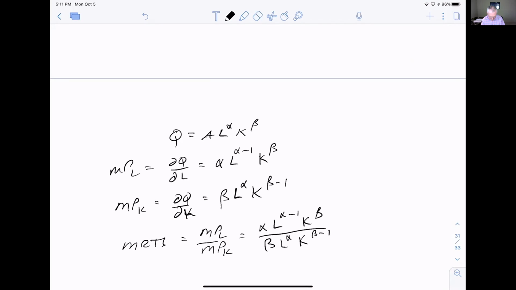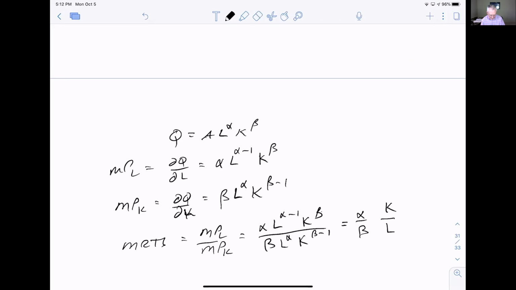So this simplifies to, well, alpha minus 1 minus alpha in terms of the L's is L to the minus 1. So I'm going to have alpha over beta, and L to the minus 1, which is 1 over L. And for K, remember I subtract exponents when I divide, so beta minus 1 subtracted from beta is just 1. So this would be K to the 1.